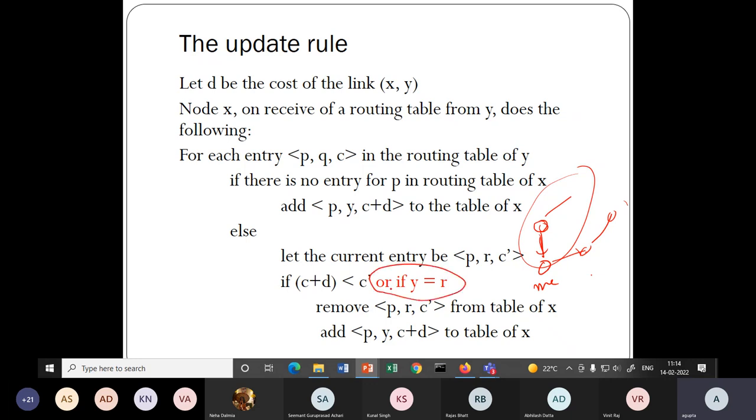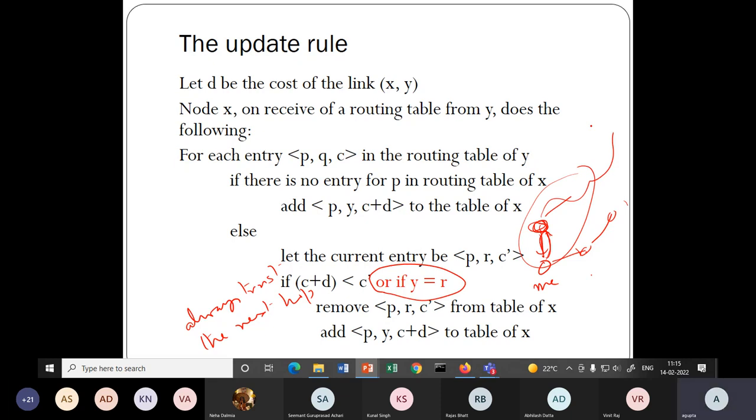But then there is this one case, which is what we say: always trust the next hop. Even if the route cost is not less, if the route is coming from the next hop through which my existing route already goes, then I will update it anyway, because I earlier set this as the next stop based on the information it has about the rest of the network.